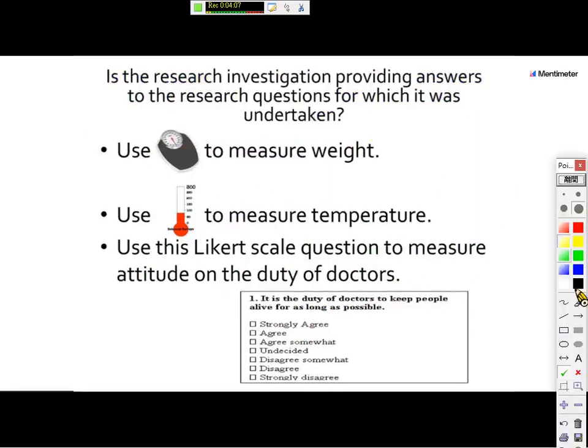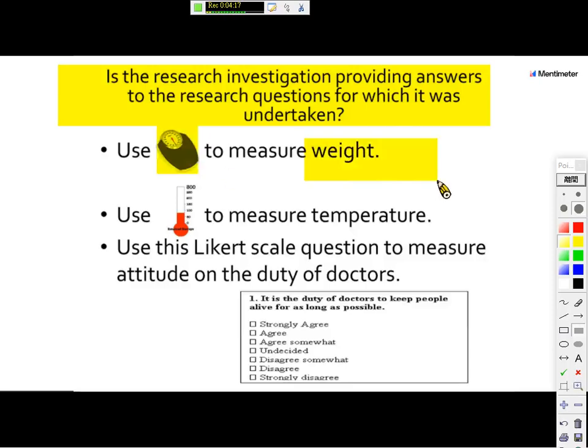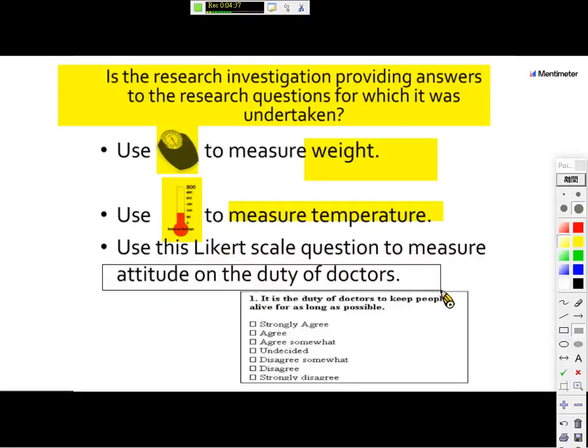So let's look at this. Let's say this one: can we use a weight scale to measure weight? Of course, yes. We are trying to measure weight, so we use a weight scale. If we measure temperature, then a thermometer would be good. It's valid, right? And then we can use a Likert scale question to measure attitude on the duty of doctors.